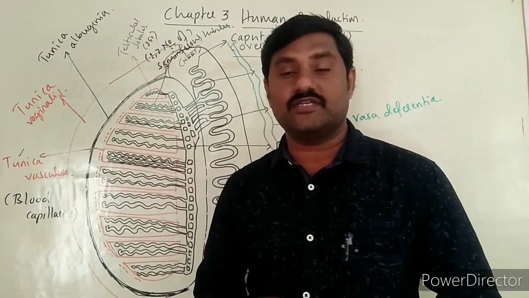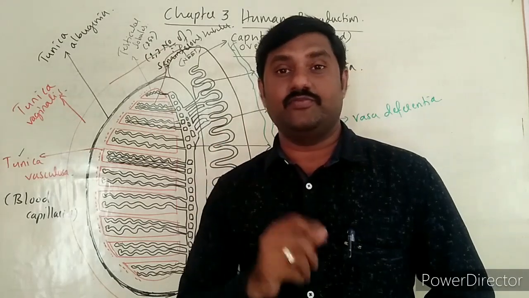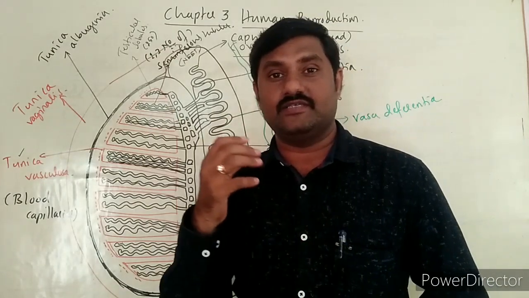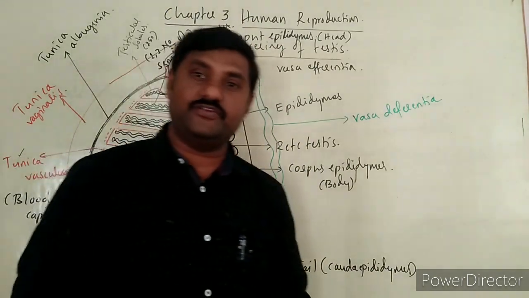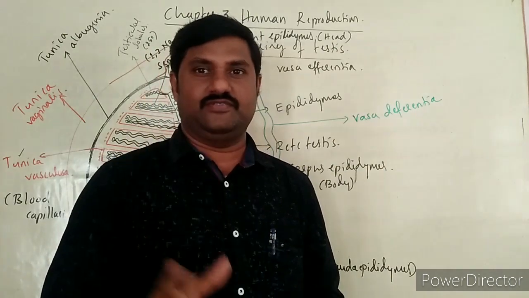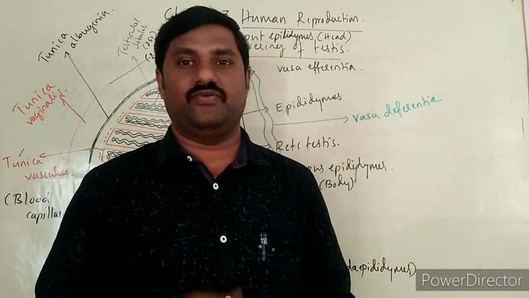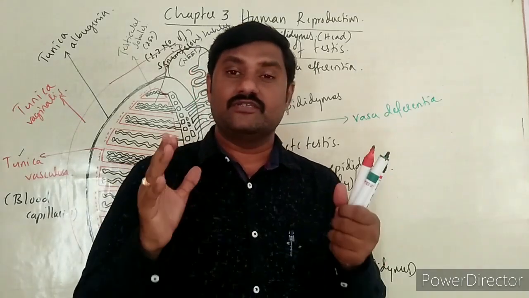Whenever we take the cross section of the seminiferous tubule or this testis, how the seminiferous tubules look, and how the production of sperms takes place inside them, all these are things we are able to observe very keenly. Why? Because we are learning the internal structure of this testis.